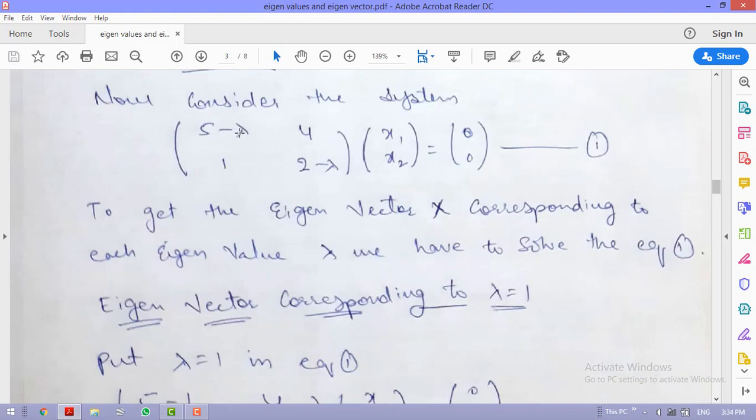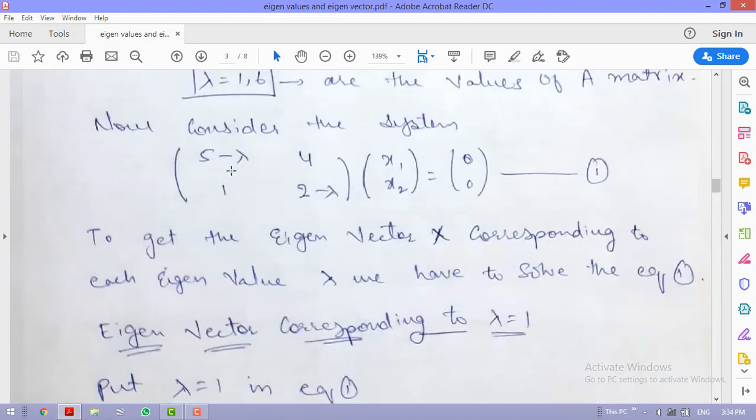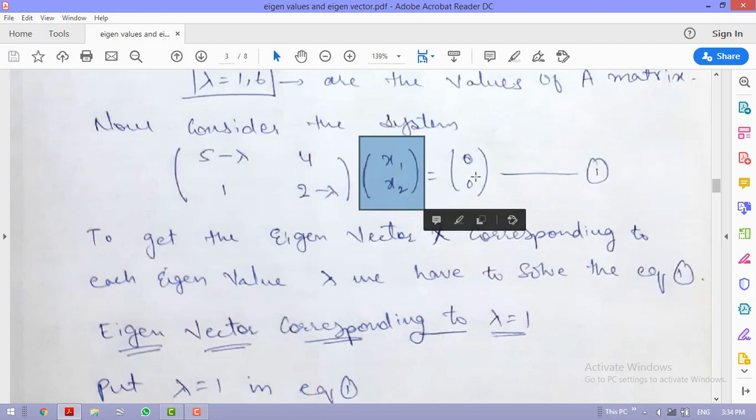A minus lambda I is the characteristic matrix. Then the eigenvector has two components x1 and x2, and the product equals 0. To get the eigenvector x corresponding to each eigenvalue lambda, we have to substitute lambda in equation 1 and solve that particular equation.